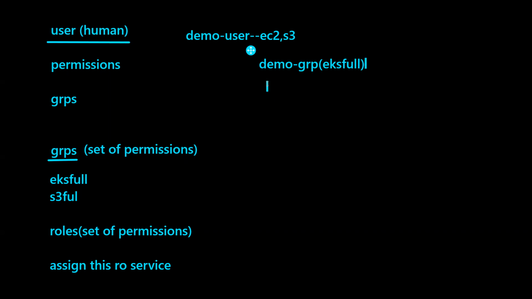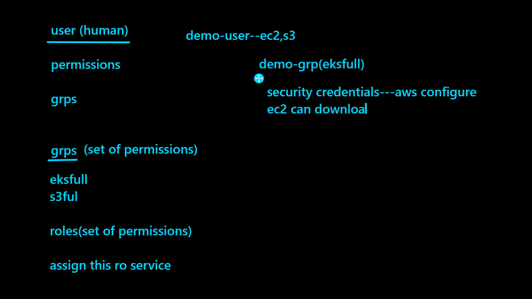Now this user has security credentials that I created. If you provide those in AWS configure, EC2 can download or do anything with S3. That's one method.